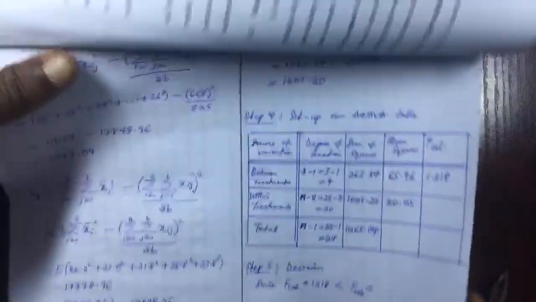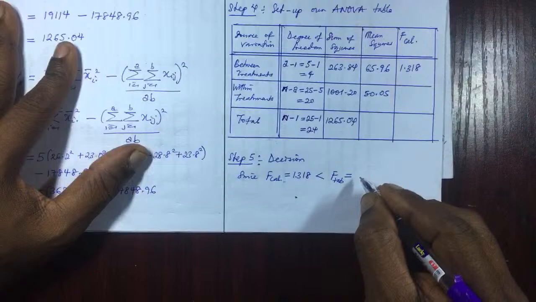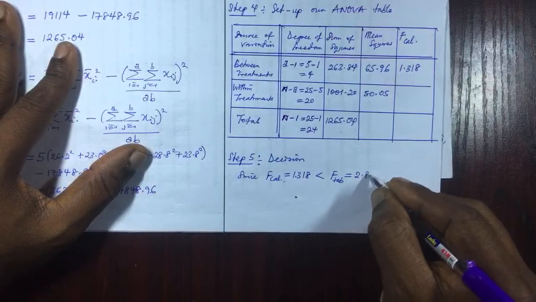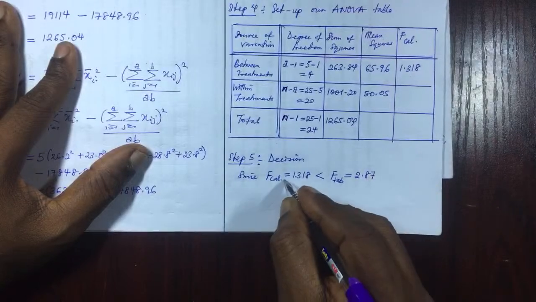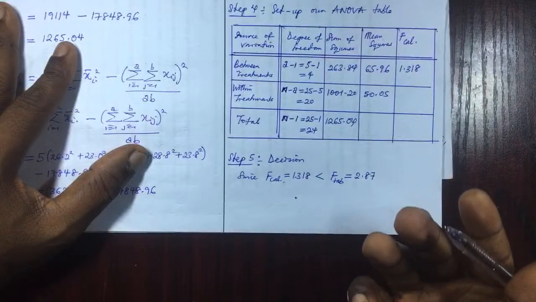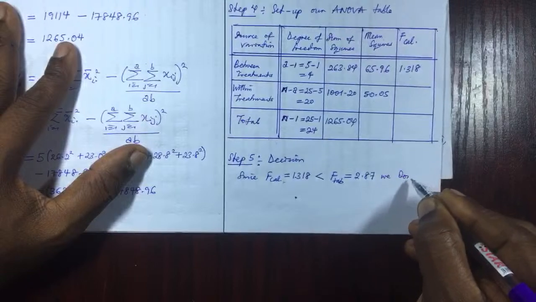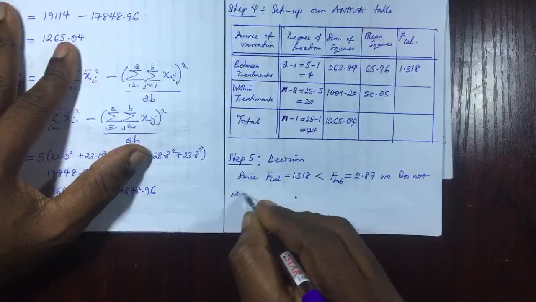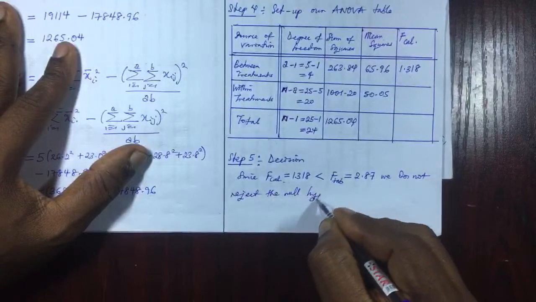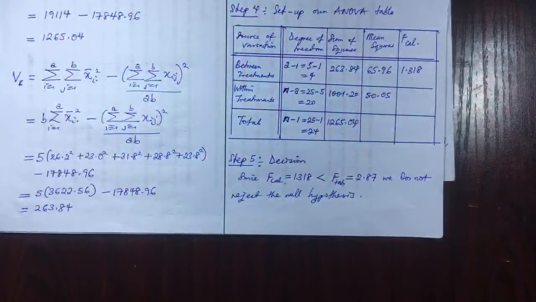Now, looking at this, you will notice that our F calculated is less than our F tabulated, 2.87. So, since this is less than this, which is clearly not the criterion for rejecting the null hypothesis, we would conclude that we do not reject the null hypothesis. Okay, so that ends the problem.